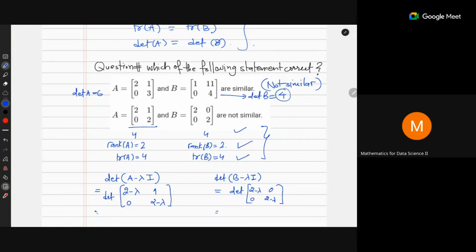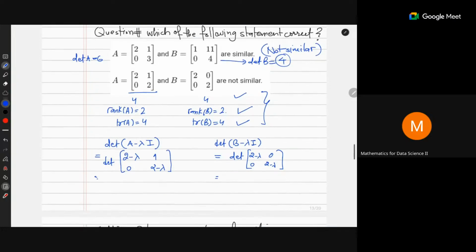So what will the polynomial be? It is (2 minus lambda) squared. So again, (2 minus lambda) squared. So their polynomials are the same. So they are similar. Okay, so this option is not correct. This one is also not correct.